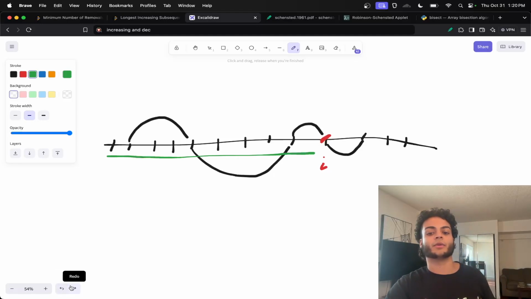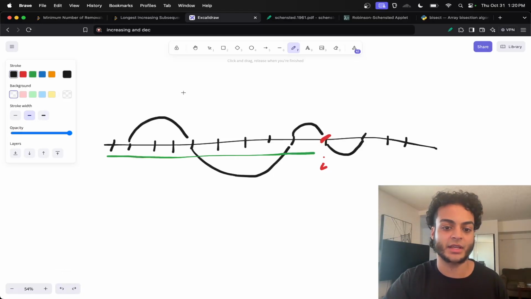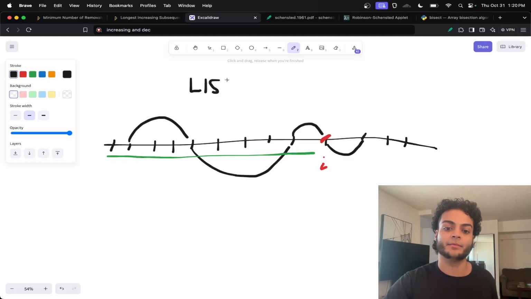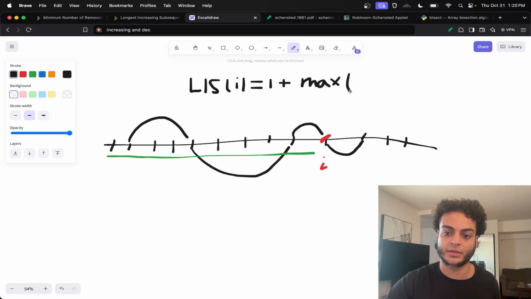So if I were to write down this recurrence, we would say LIS, that's short for longest increasing subsequence, of i is equal to 1, so that last step, plus the max of LIS of j. This is where that substructure comes in: we have a recursive relationship here.